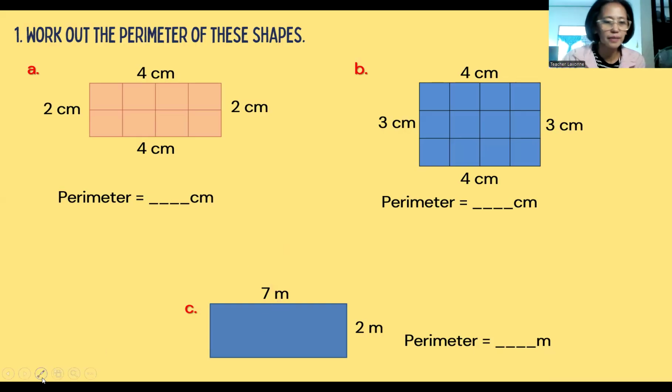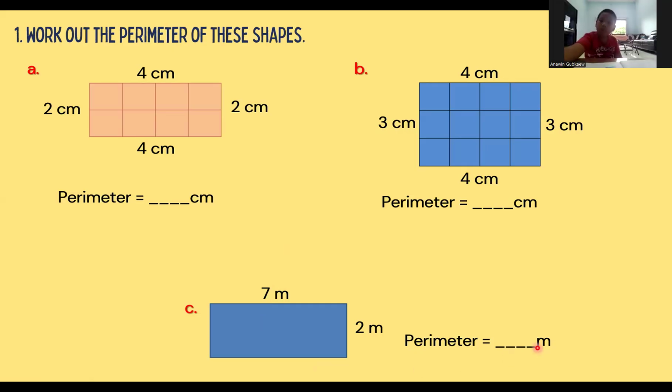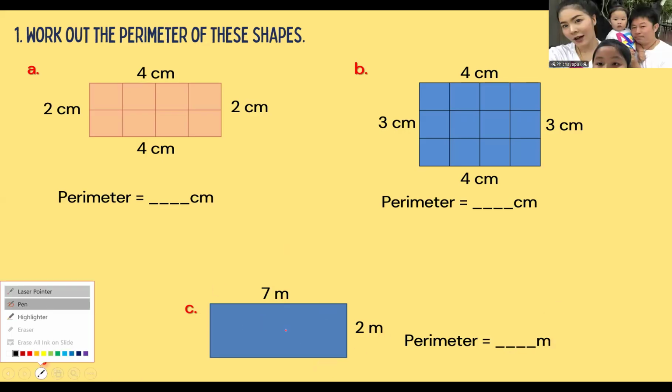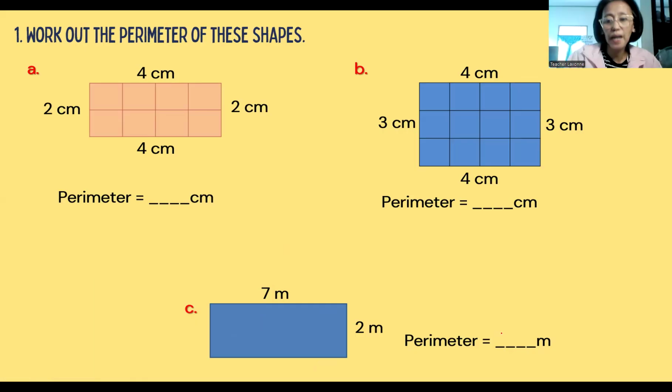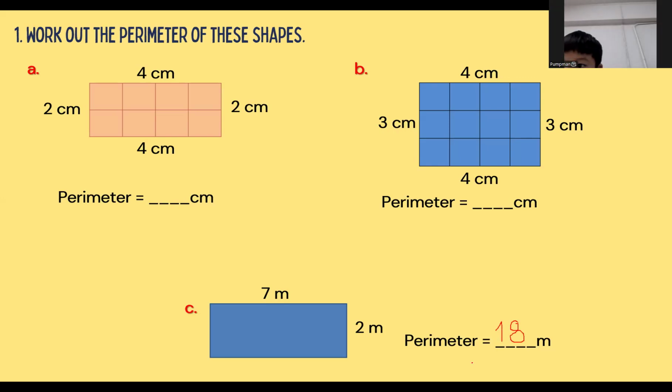How did you get 18? Because it's meter. Yeah, that is meter. No problem, Ayun. CM or M, they are just the same. The perimeter will not change. Okay, your answer, the correct answer is what? Is it 9? The answer is 18.